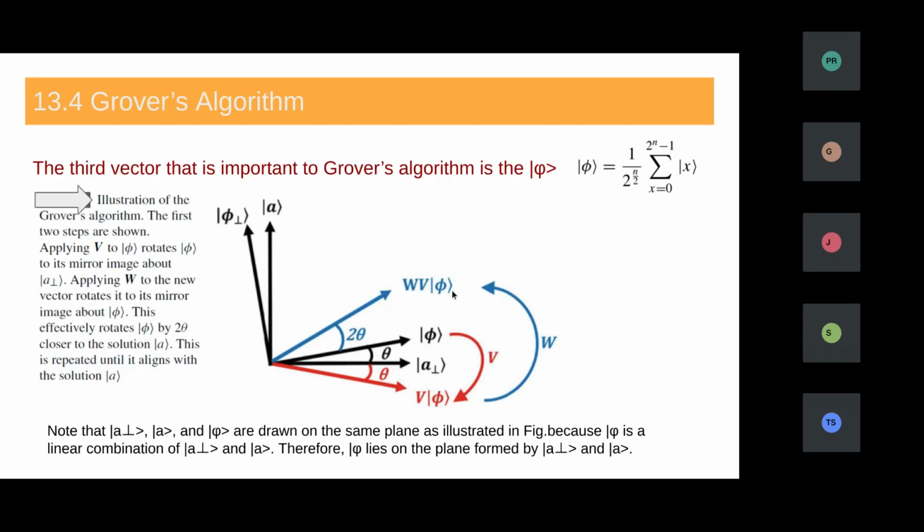So if we apply another vector called v, because our goal is to get this phi to match with A or reach A, we have to do a tensor operation on this to move the needle in the clockwise direction.